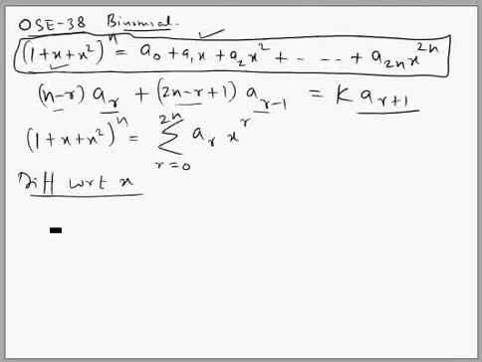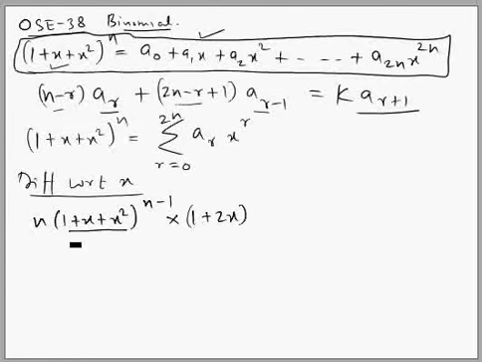So we differentiate this: it is n times 1 plus x plus x square to the power n minus 1. I'm not sure whether you have done derivatives, otherwise we'll apply the chain rule. We differentiate this with respect to x, then multiply with the derivative of 1 plus x plus x square with respect to x, that is 1 plus 2x.